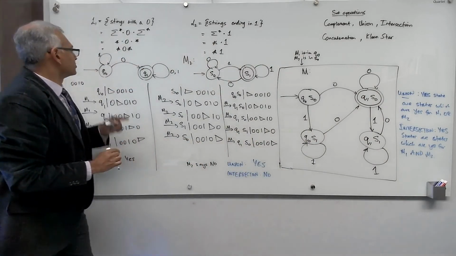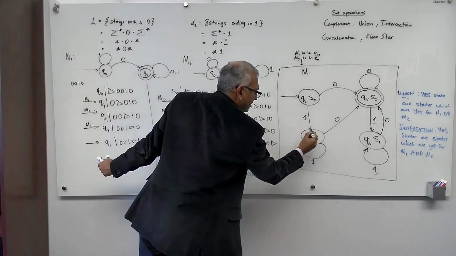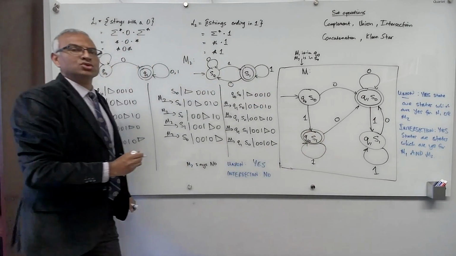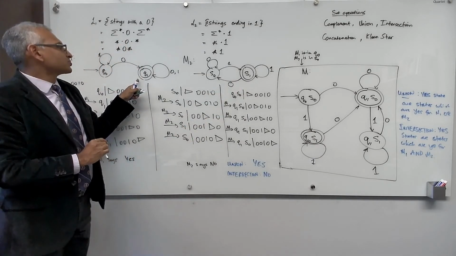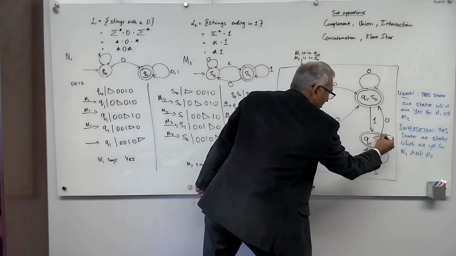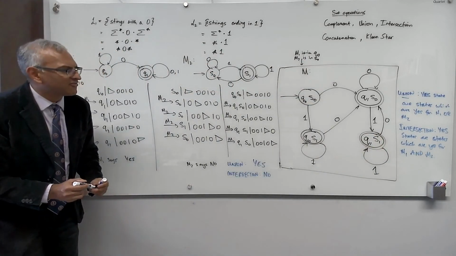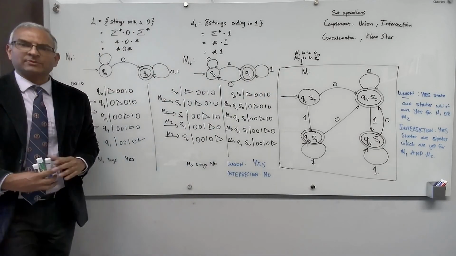Q0, S1. Well, S1 is a yes state. So this becomes a yes state if I'm doing the union. And then Q1, S1. Well, Q1, S1 is a yes state for both. So this becomes a yes state if I'm doing the union. And there I have finally specified my automaton M that does the union of these two languages.